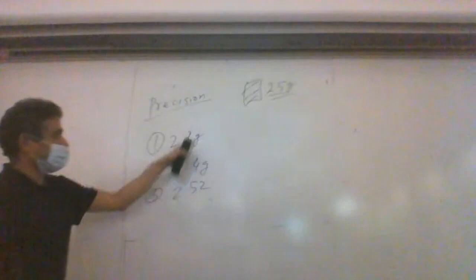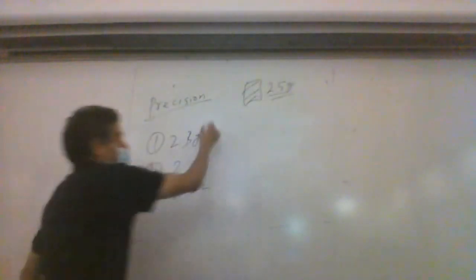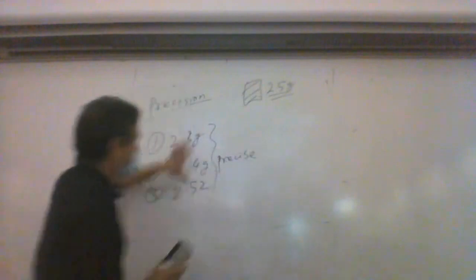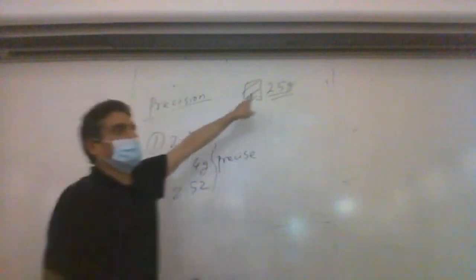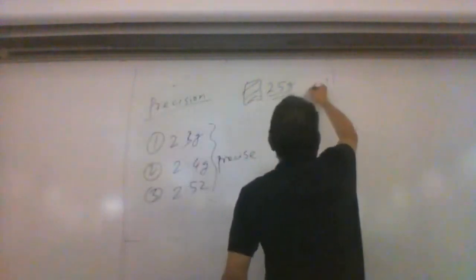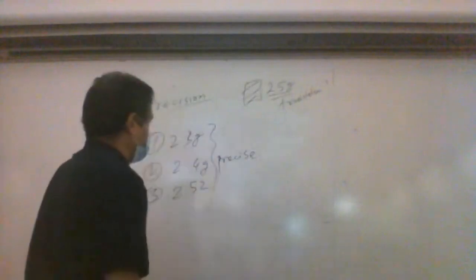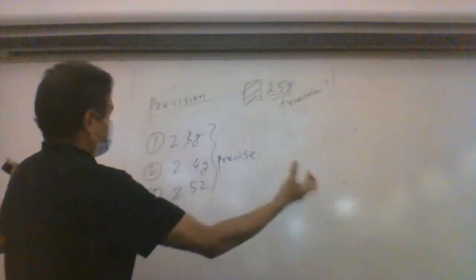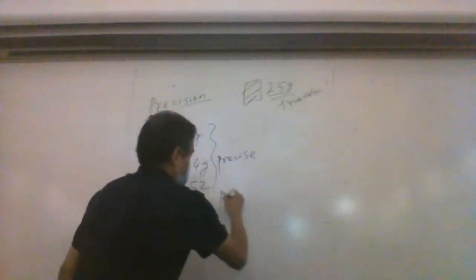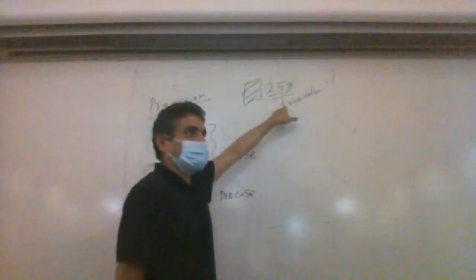You see, these numbers are very close to each other, very precise. And these numbers are very close to the true value here. The company knows it, or your instructor knows it, right? True value. So this experiment is very precise, and these numbers are close to the true value.